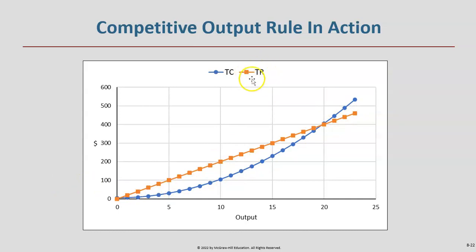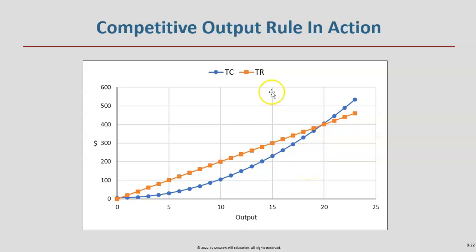And then the total revenue function is a ray from the origin with a slope of 20, because that's the price. It's this upward sloping orange line indicated by rectangles. And the total cost function is blue, if you're good with color, and it's indicated by circles.